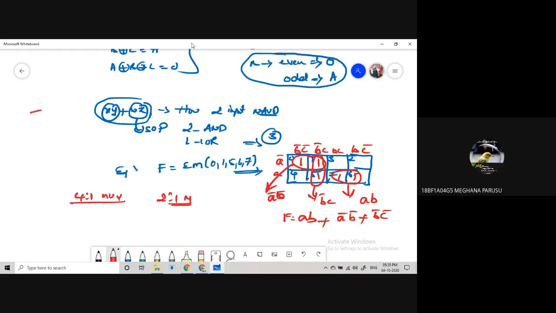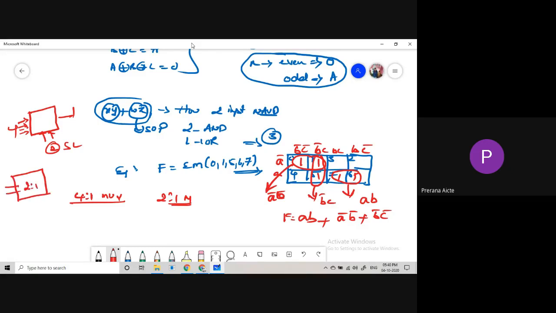Yes, sir. The 4:1 multiplexer consists of 4 inputs, 2 selection lines, and 1 output. So a 2:1 multiplexer is nothing but like this.